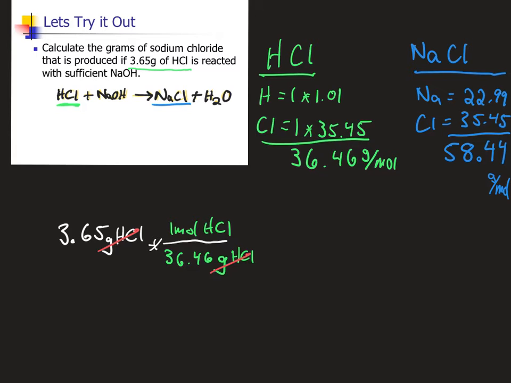And it's always going to be the mole bridge, or this step right here, when we convert from moles of hydrochloric acid to moles of sodium chloride. Now, there isn't a number written in front of these because there isn't a number. That means the number is 1. My labels cancel out.